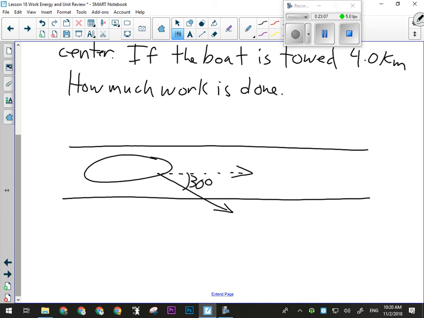Knowing that this force is 10,000 newtons, I only need this part of the force because that's the part doing work. The boat isn't moving downwards on my diagram, it's just moving along the St. Lawrence Seaway. That's where I would use work equals F cos theta times d. So I take my 10,000, multiply by the cos of 30 degrees, and multiply by 4,000 meters. That would be the trick on that question, and then I would have my work.